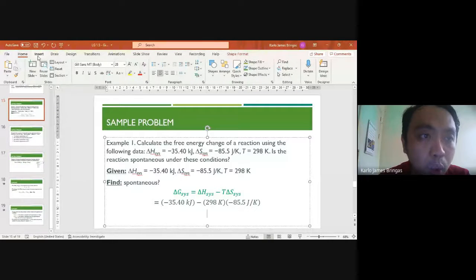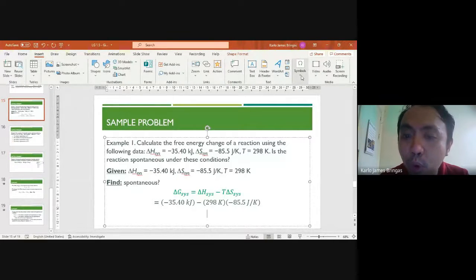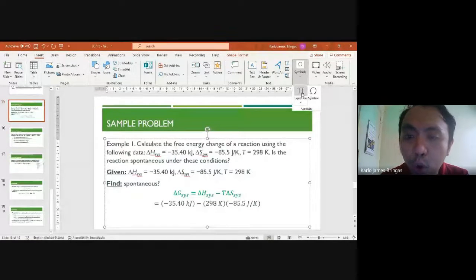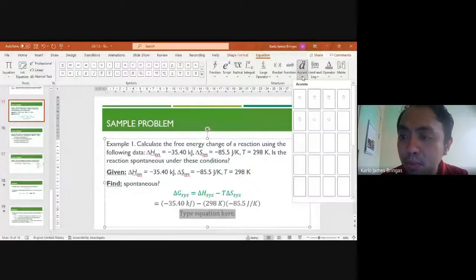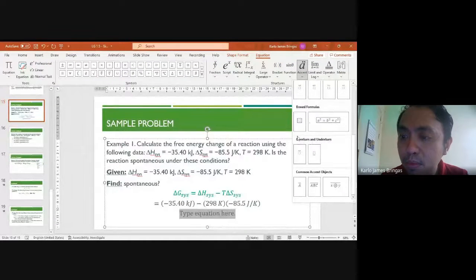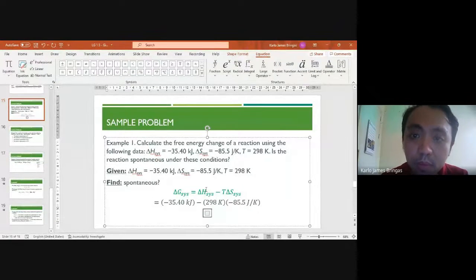So what I'd like you to do now, class, is kindly compute what the value of your delta G is. So what is now the value of the delta G for the system?